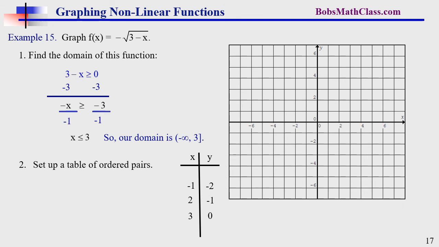So I want a 9 inside the radical. So 3 minus what number will be 9? It's got to be a negative, so it'll turn into a positive, so that'll be -6. So plug -6 into your calculator, put in 3 minus -6, and you'll see that you get -3.